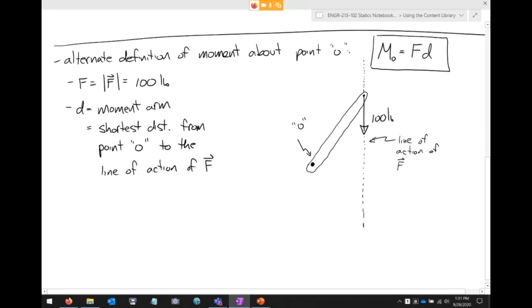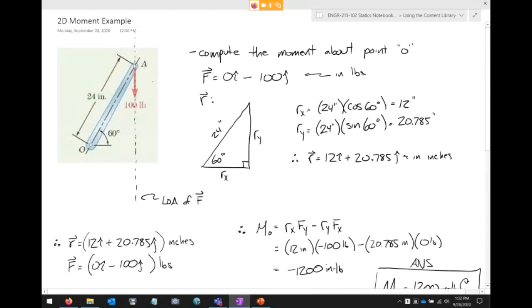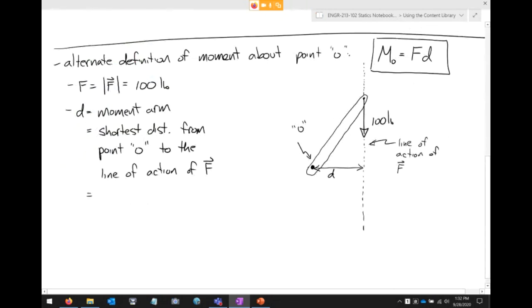Go back to your algebra or geometry classes. What is the shortest distance from a point to a line? And it's the perpendicular distance. And Mr. Brown, dead on. So it's this distance right here. That distance is D. And so did we already figure out D up here? And the answer is yes. We figured that out. D in this case was Rx, and Rx was 12 inches.